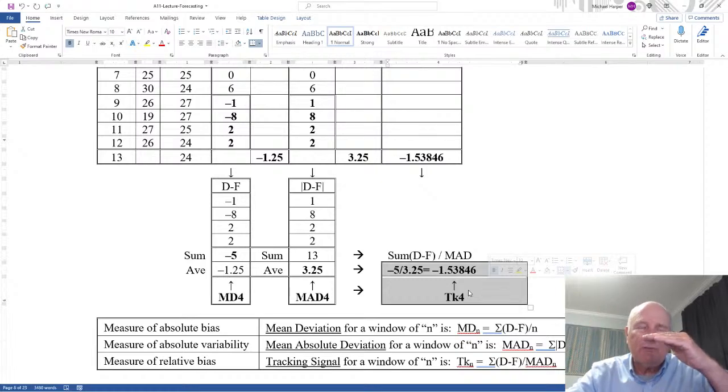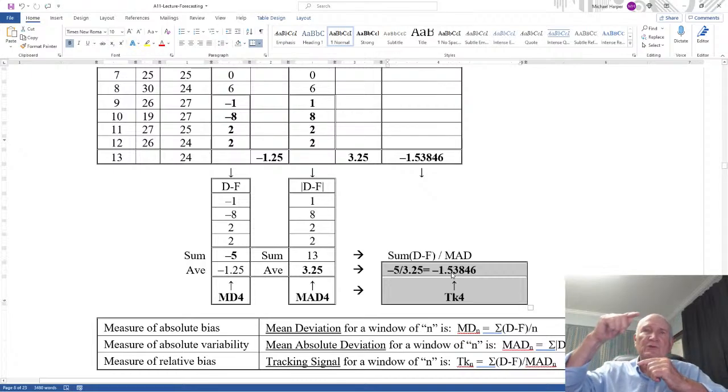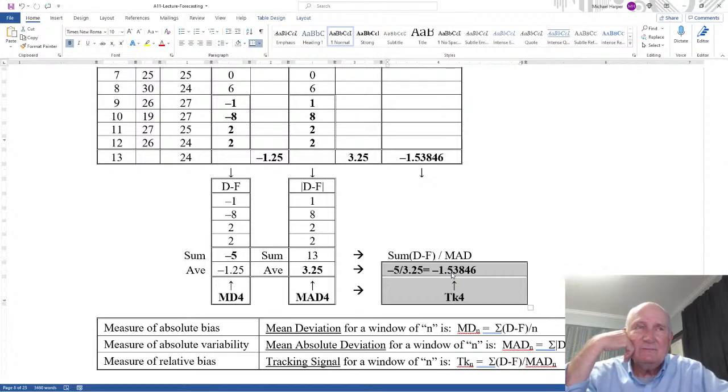So 0 is perfect. As it starts to go away from 0, you're getting more and more relative bias. As you get to a +4 or -4, that's the maximum bias you can have with this measure. We have a -1.53846. Well, it goes from 0, 1, 2, 3, 4, so -1.5 is down here. Again, it's not that bad.